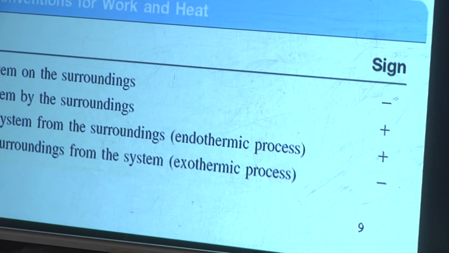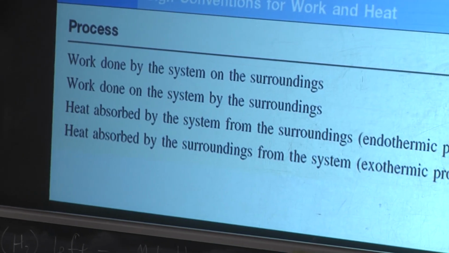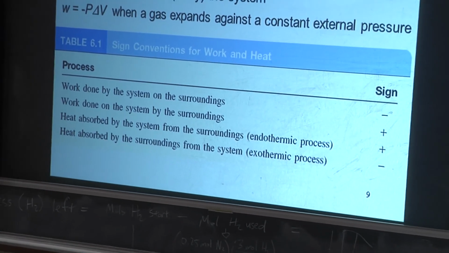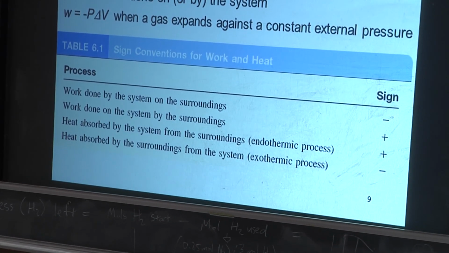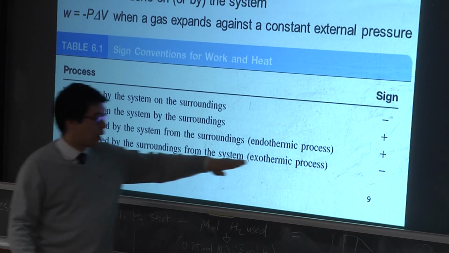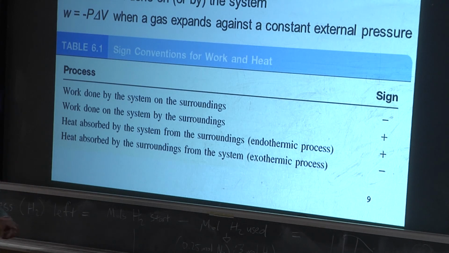So when you have something like the combustion of hydrogen to give you water, the fuel cell reaction or the Hindenburg reaction, and the hydrogen and oxygen are your system, the sign on Q, the sign on your heat, when the hydrogen burns would be negative. Whenever energy is going into the system, the sign is positive. Whenever energy is going out of the system, the sign is negative.